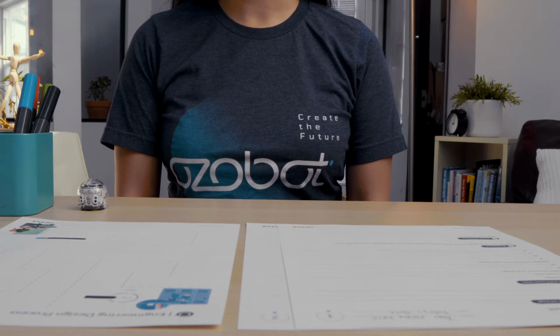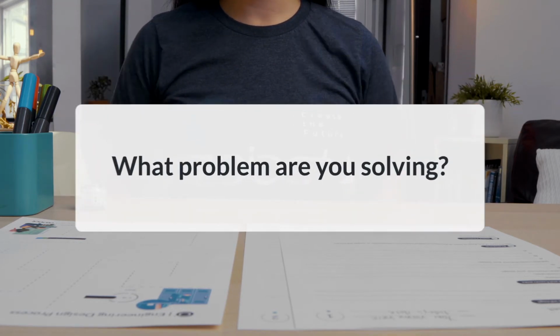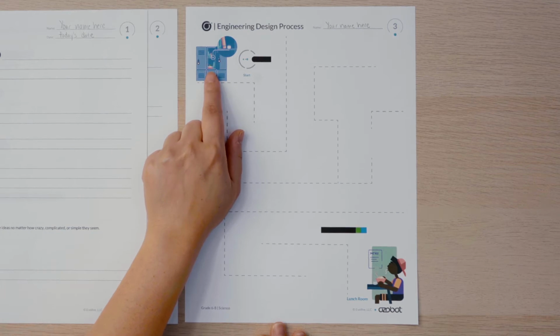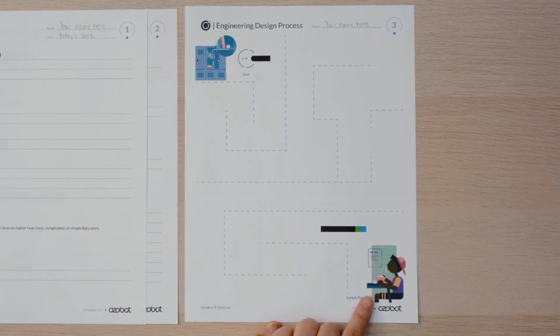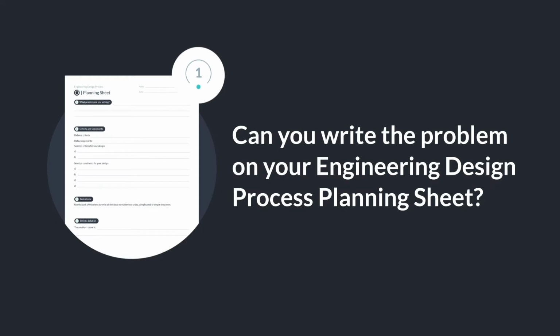The first thing we need to ask is, what problem am I solving? Looking at the engineering design process lesson 1 map, you will see Ozobot needs to get from its locker to the lunchroom. That is our problem. Can you write the problem on your engineering design process planning sheet?